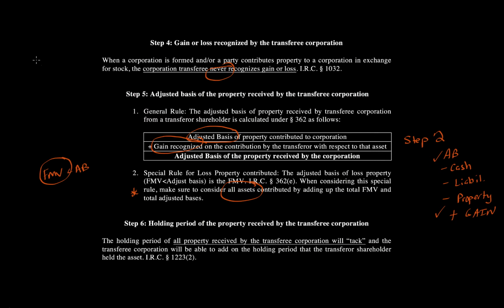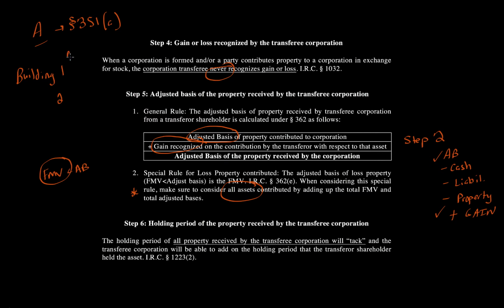So let's say that A transfers property that qualifies in a Section 351 transaction, 351(a) under Step 1. Let's say that, and we're only going to consider Step 5 with respect to this transaction, A contributes 2 pieces of property. Building 1 and 2.